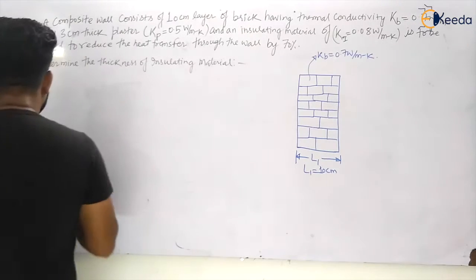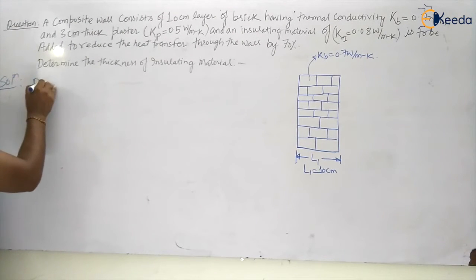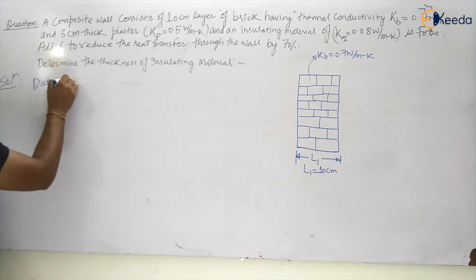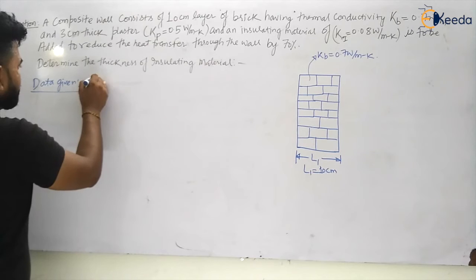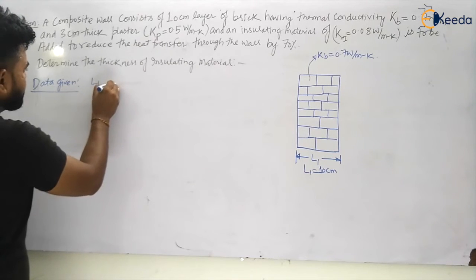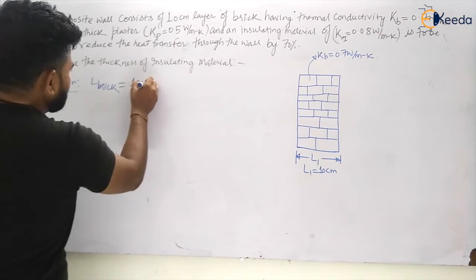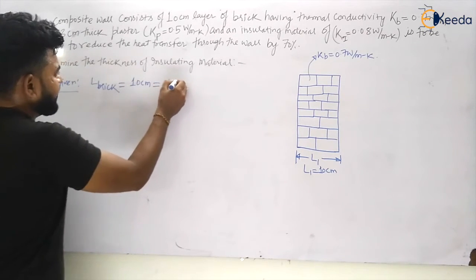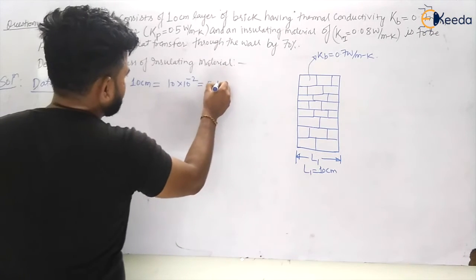Also we can write the data here, like if you are starting the solution, we can write data given. The thickness of the brick wall is given to be 10 centimeter. This can be converted into meter, 10 into 10 power minus 2, which will be equal to 0.1 meter.